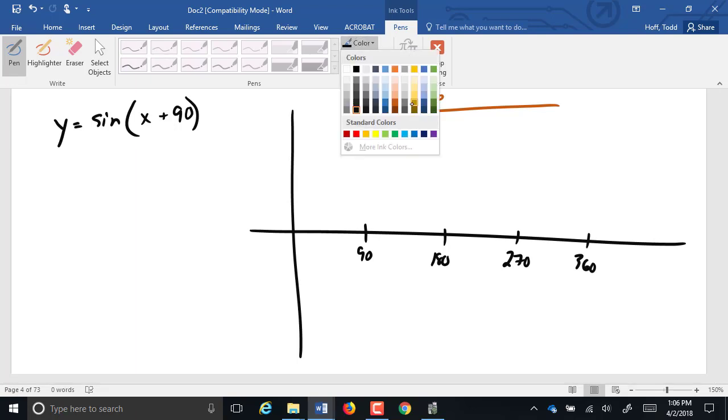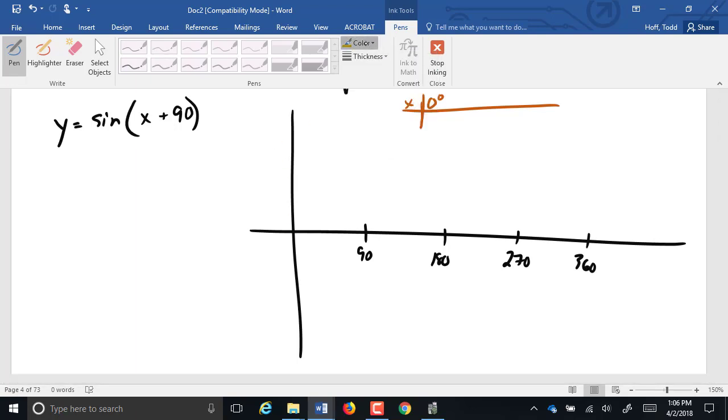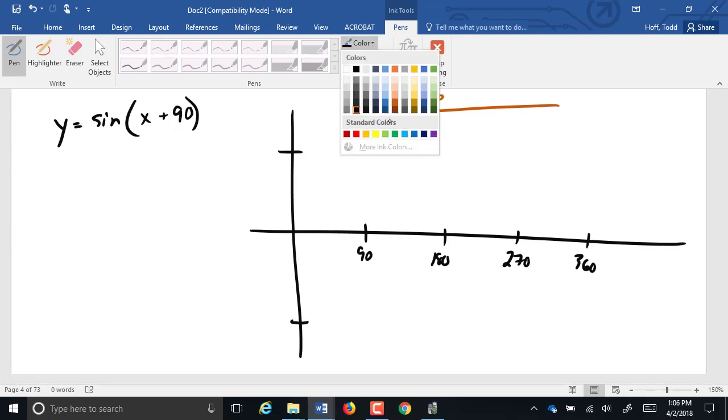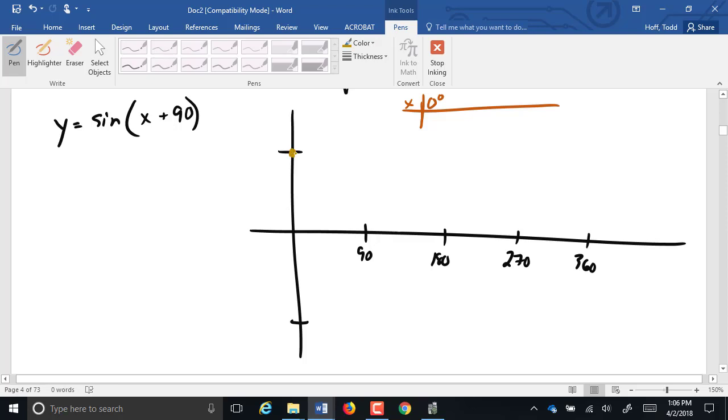So 0 degrees is going to be 90. I'm going to label this only goes up to 1. So it's going to be right there. It's going to behave as though it's 90.